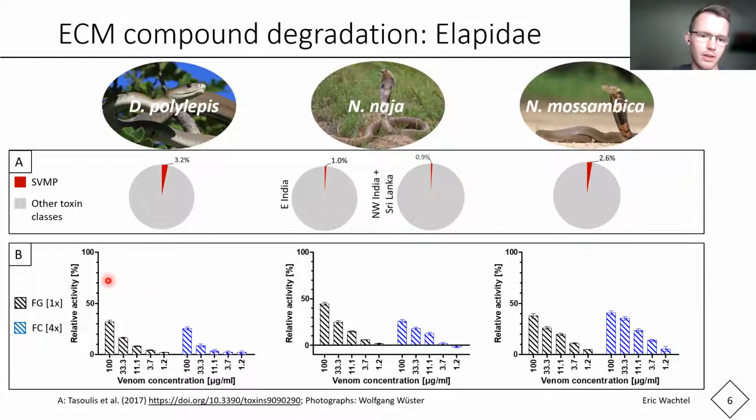The scale here is in relation to a positive control, which is a collagenase from a Clostridium bacterium. And as you can see, we have about 30% relative activity for the highest venom concentration here for Dendroaspis polylepis. So it's not non-toxic to these components at all, but not as toxic as the other 2 elapids.